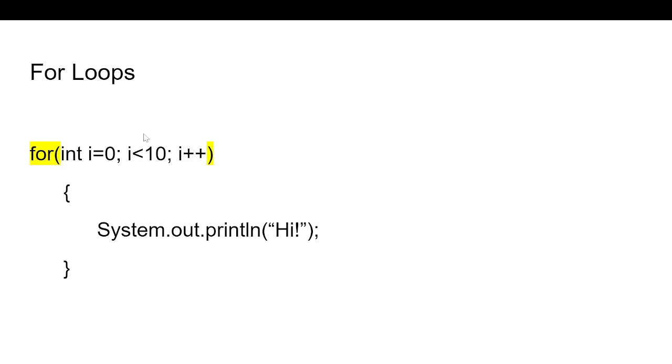The for and then the two parentheses basically tell Java that we're entering a for loop. That's just convention. Anything in the parentheses has to follow a specific form, and the form goes like this. The first thing inside is that you initialize a variable, an integer in this case, to be equal to some index.